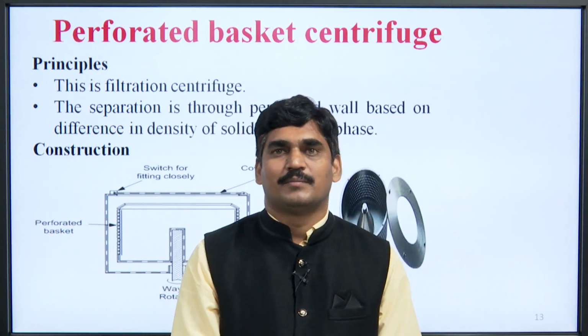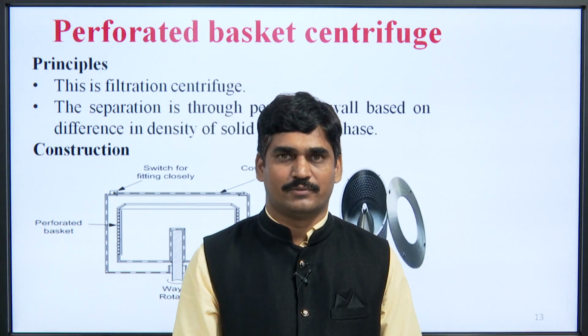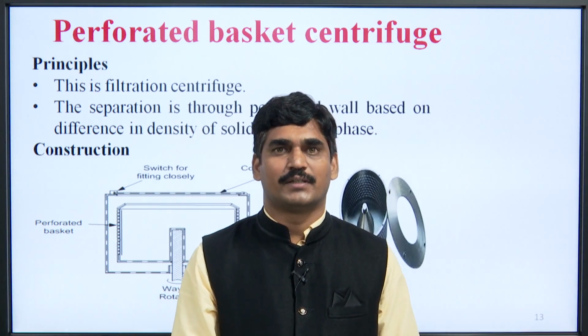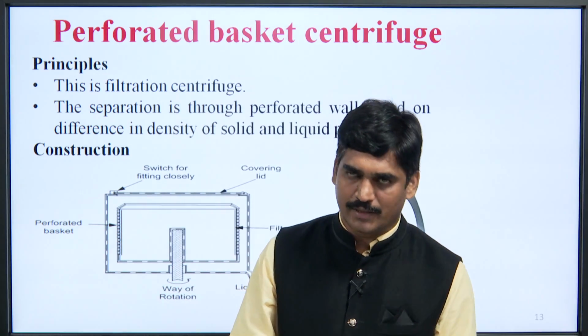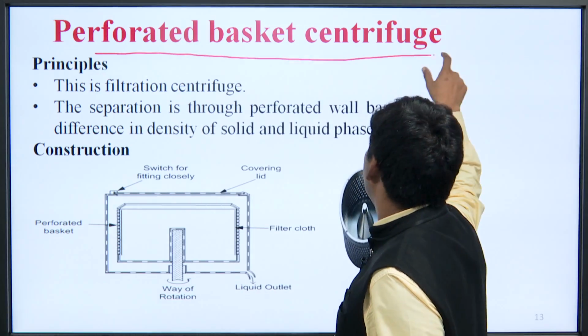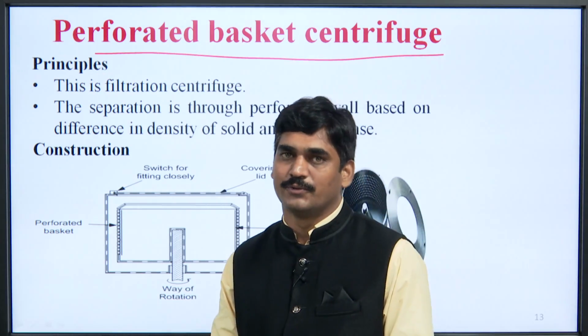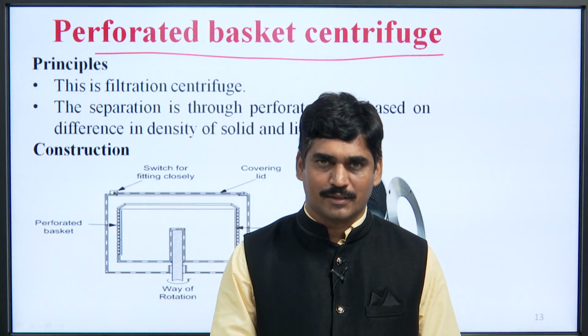Now, let us look at the equipment used: the centrifuge, specifically the perforated basket centrifuge. This is used for the separation of particles. So, the first centrifuge that we are going to study is the perforated basket centrifuge. This is a filtration type centrifuge.